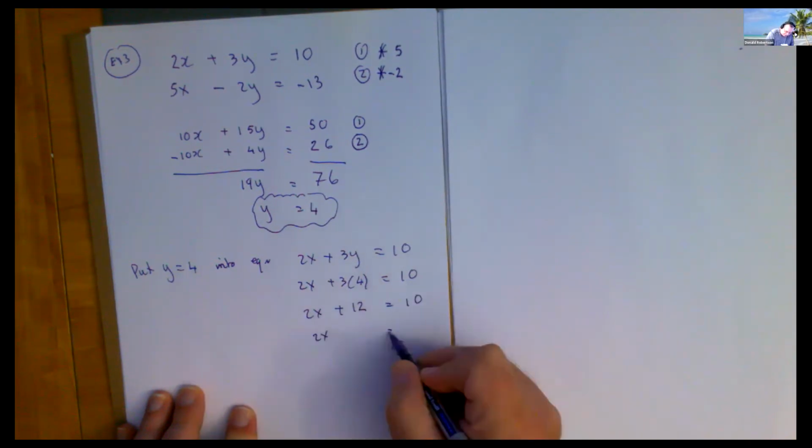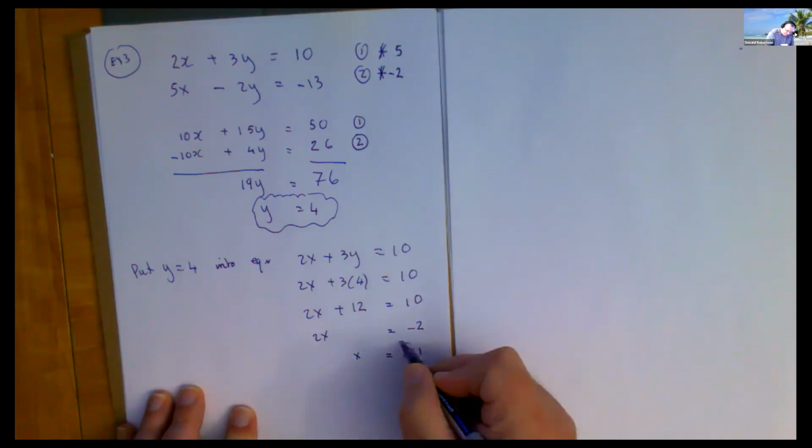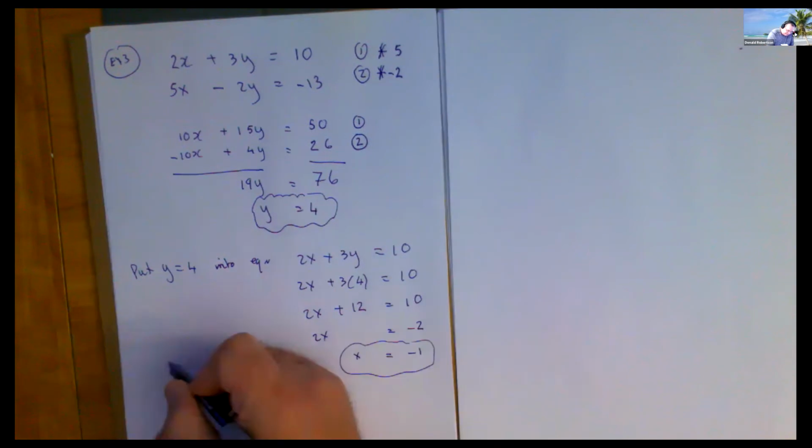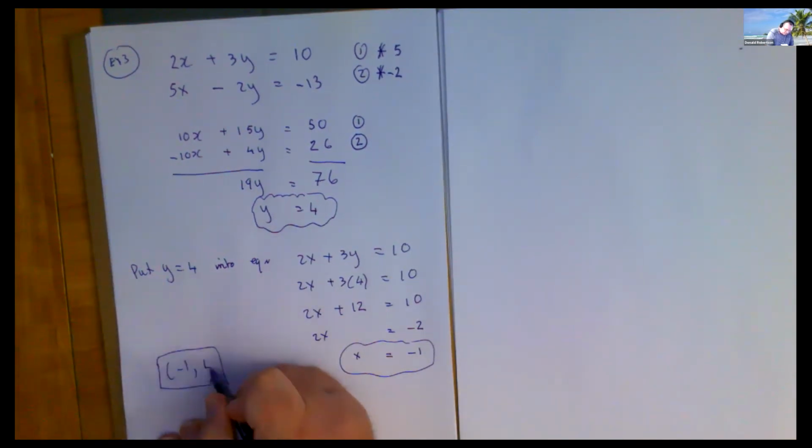Subtract 12 from both sides and then divide both sides by 2. And our solution becomes negative 1 comma 4.